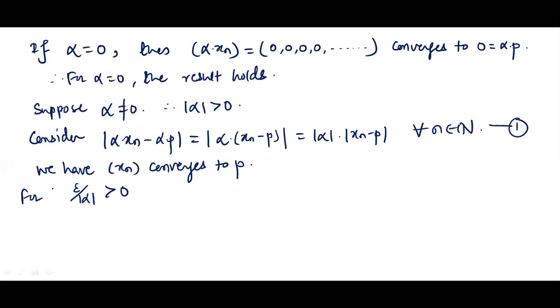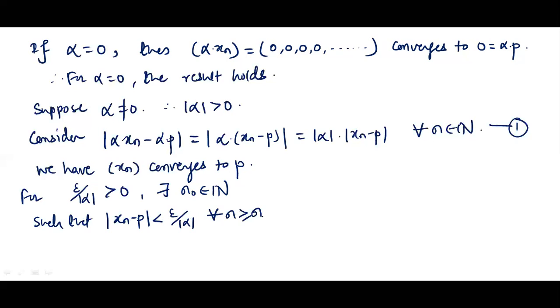So for this positive real number, there exists a natural number n naught such that mod of xn minus p is less than epsilon by mod of alpha for all n greater equal n naught.